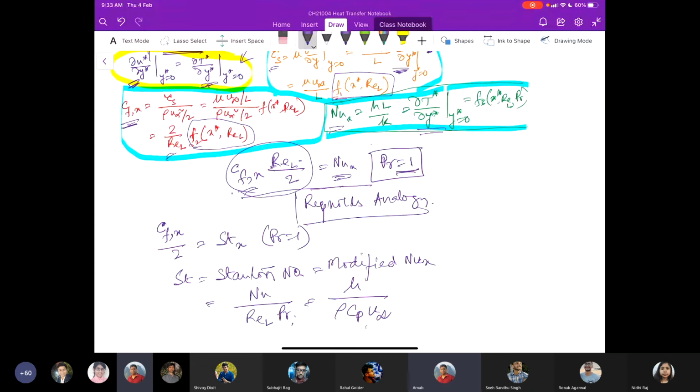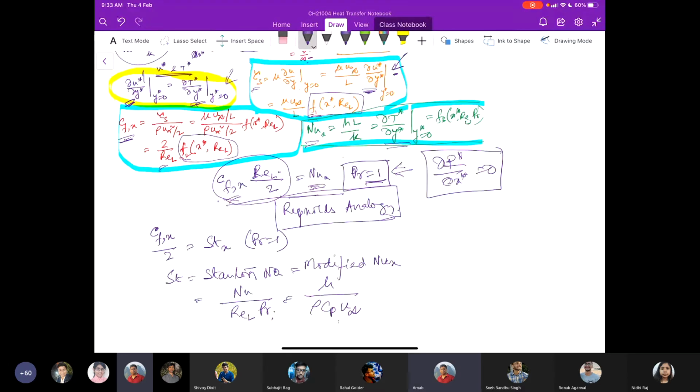Now, the point is Reynolds analogy is limited because we have this criteria. The restriction is that the Prandtl number should be approximately 1 and this is 0. But usually what we want is a relation that is applicable for a wide range of Prandtl number.